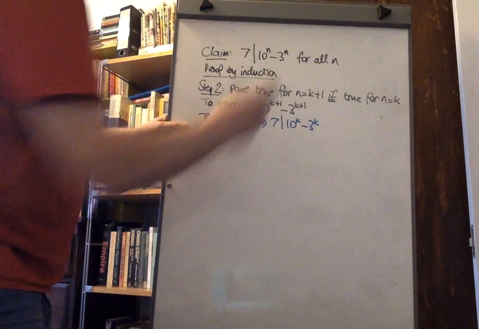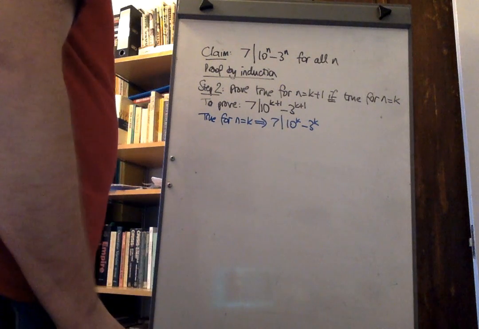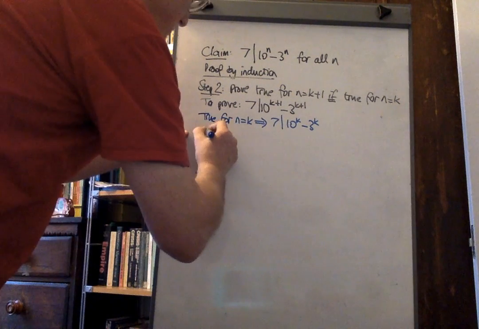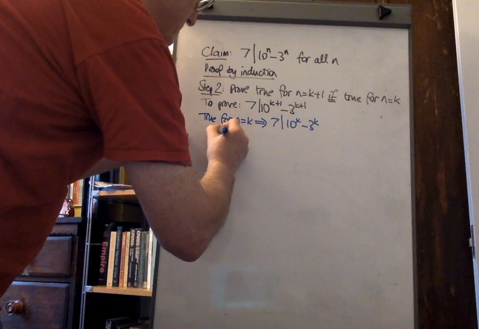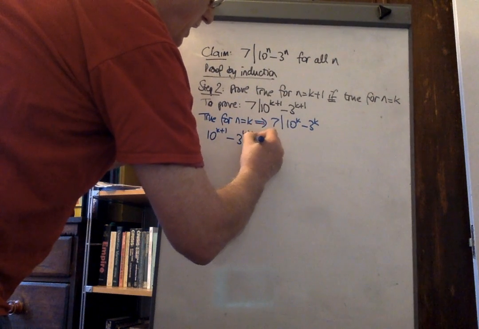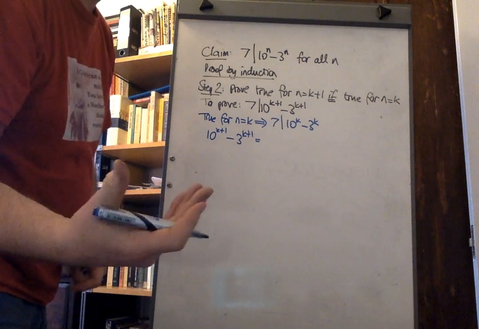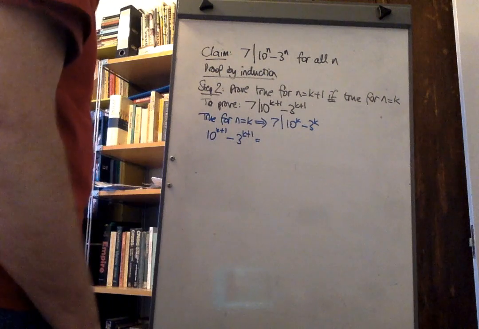This claim is true when we plug k in instead of n. We want to find out something about 10 to the k plus 1 minus 3 to the k plus 1, and we know this is the assumption that we can use.